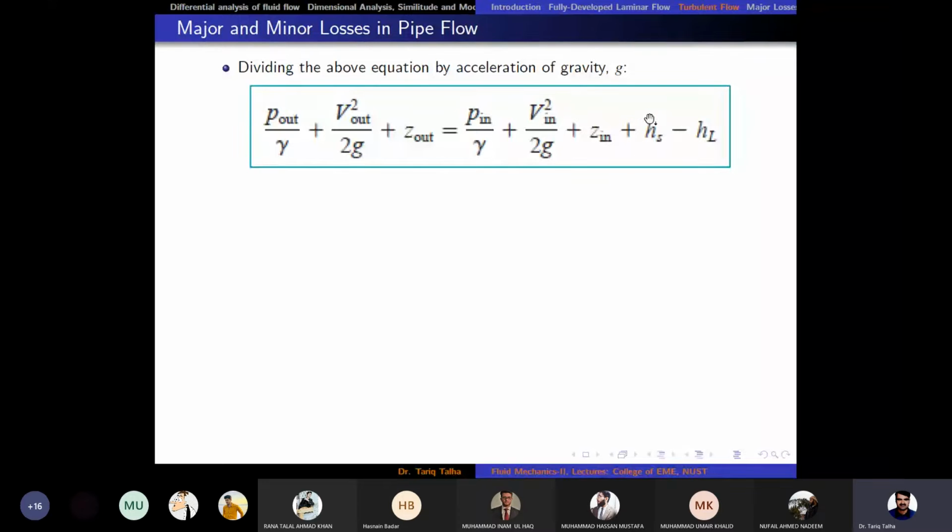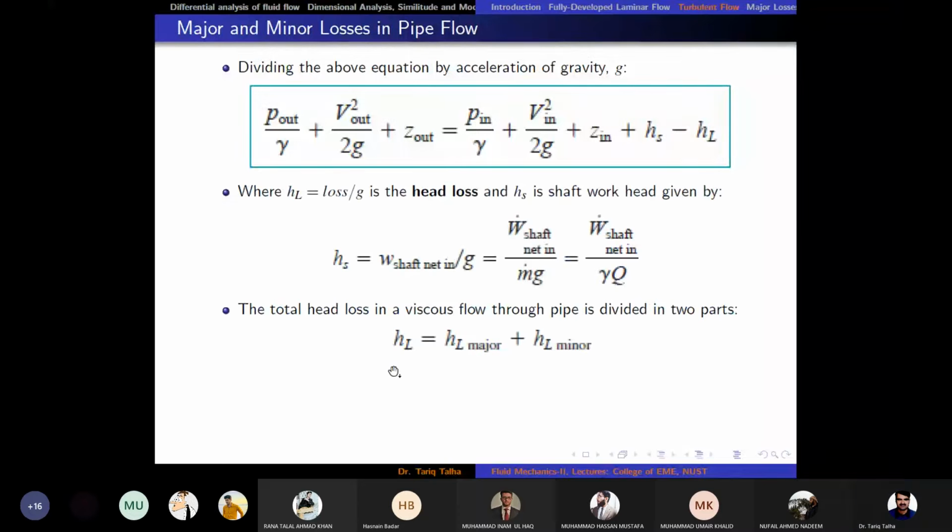There are two additional terms appearing on the right hand side. One is the shaft work head, and the second term is the loss head due to friction and those components. HS is the shaft work head, and HL is the loss head.